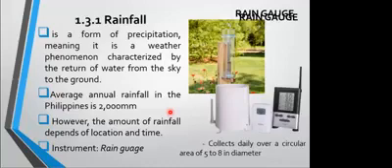Weather differs in a specific location. It doesn't mean that if it rains here in Gusa, it rains all over Cagayan de Oro City. It is different in terms of locality. It rains here in Gusa, maybe it doesn't rain in Bulua.